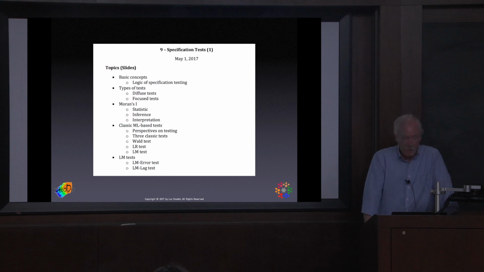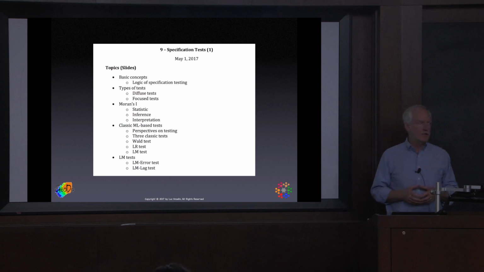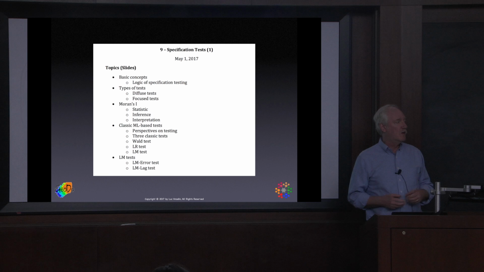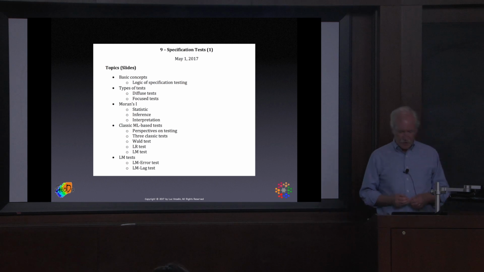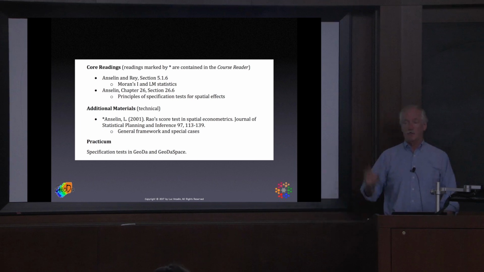I'm aware that for some of you this is going to be a repeat, but I'd like to re-emphasize it so that you have a good intuition for what is actually going on in these tests, because they are basically the workhorse of our specification testing. And then, depending on the time, but I think there might be time, I'll start covering the specific tests for spatial effects, today the Lagrange multiplier test, and then on Wednesday we'll look at some specialized versions of that.